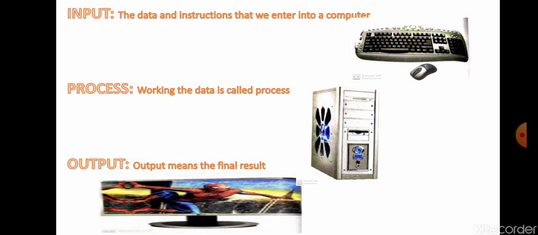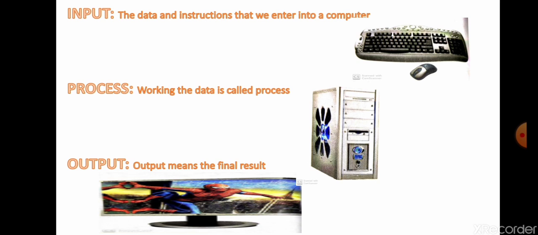Now, the data and instructions that we enter into the computer are input. We can do input with the help of keyboard and mouse. Processing is all done in the CPU.